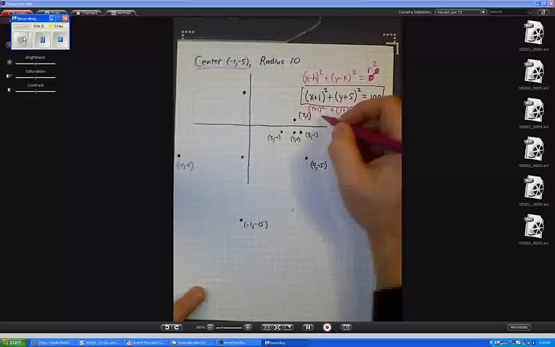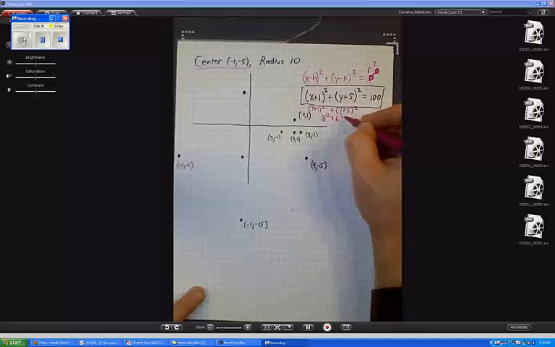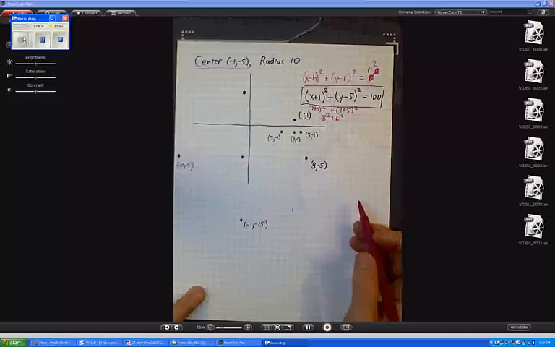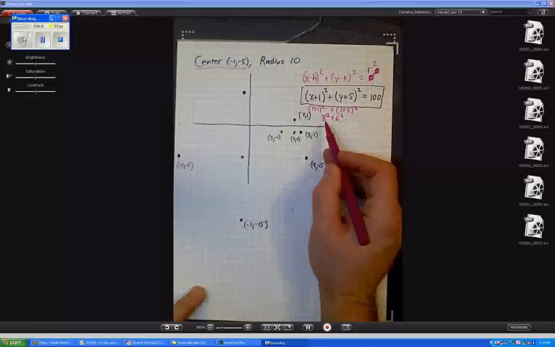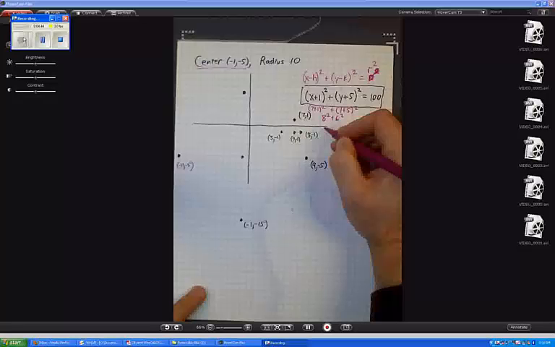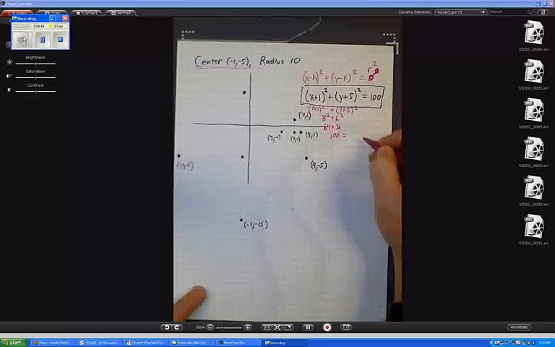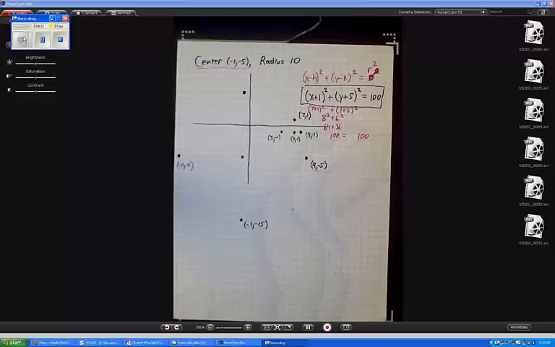And if I work that out, that's 8 squared plus 6 squared. Hey, by the way, some of you are going to get this from geometry class because you're saying, oh, 6, 8, 10, right triangle. But even if not, you got 64 plus 36, 100. And 100 does equal 100 as we wish.